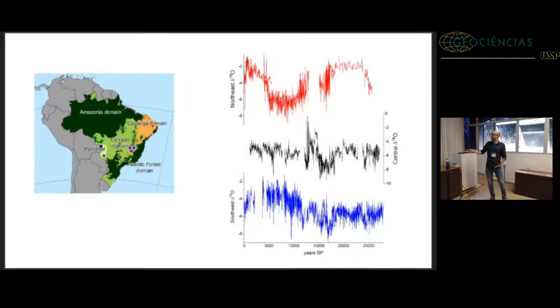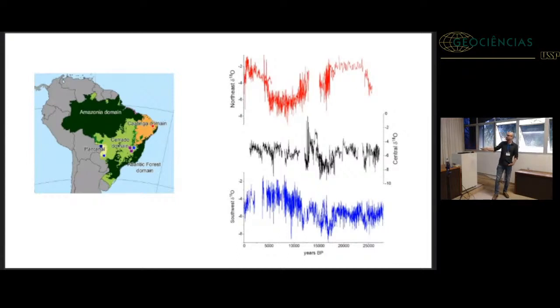And just a bit of background: again, in the southwest of Brazil here, we have this δ18O, which is going to higher values toward the Holocene. But when we go to northeast Brazil, we go to lower values. There is a climate dipole in precipitation between this part and this part.